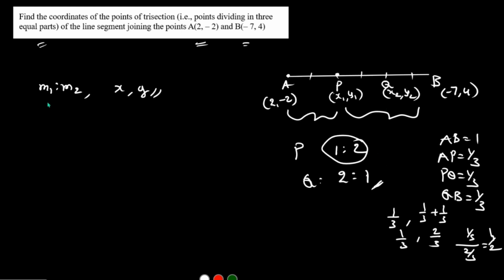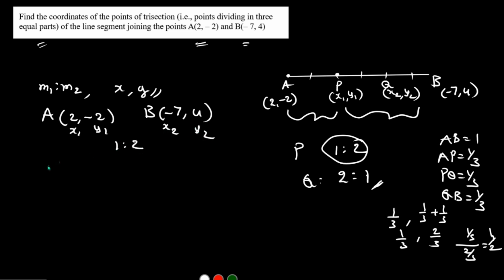So you know the two points: A is (2, -2) and B is (-7, 4). If you take this as x1, y1 and this as x2, y2, in the ratio of 1:2, how do you find the x coordinate?